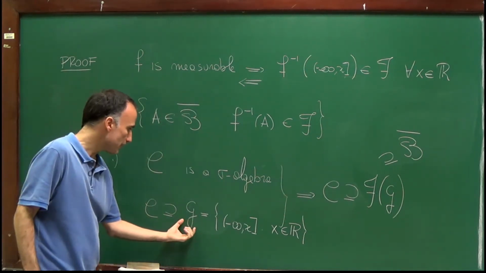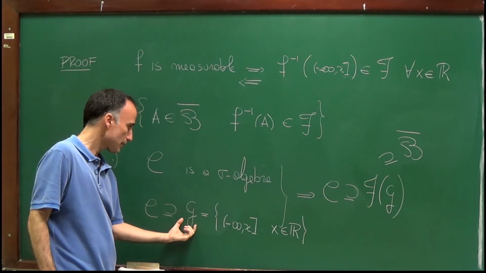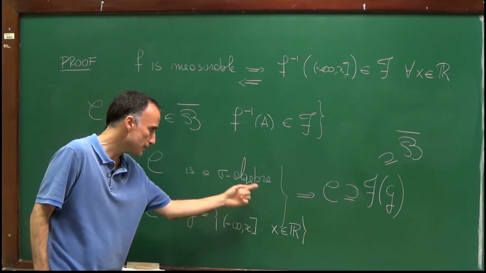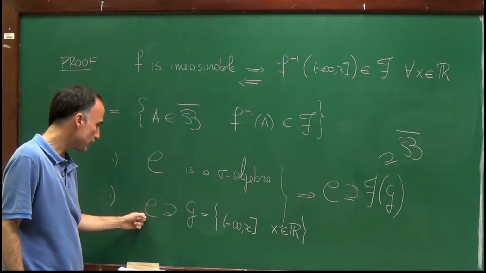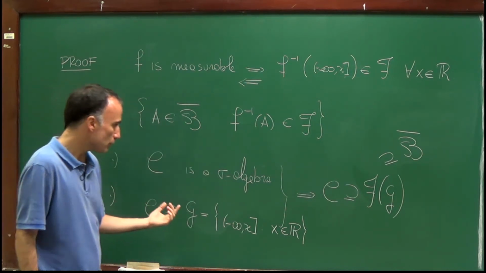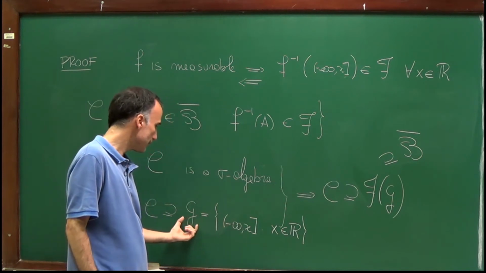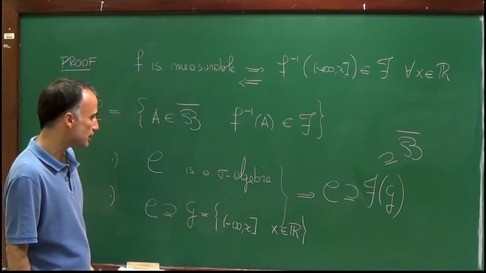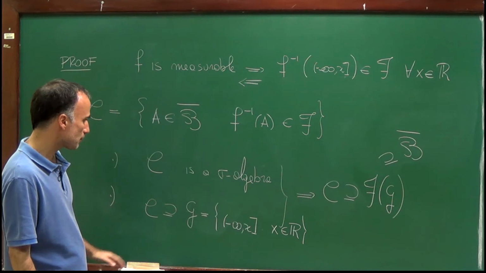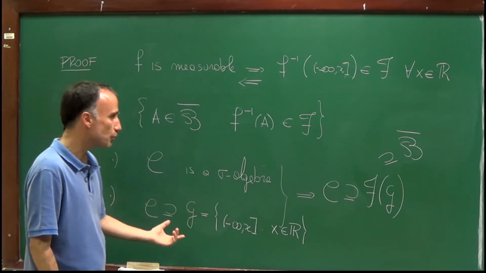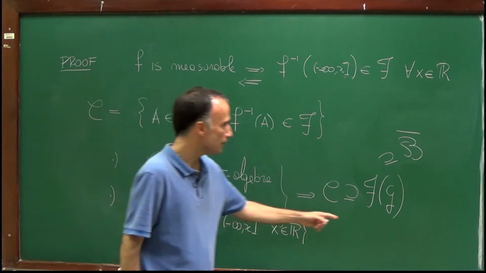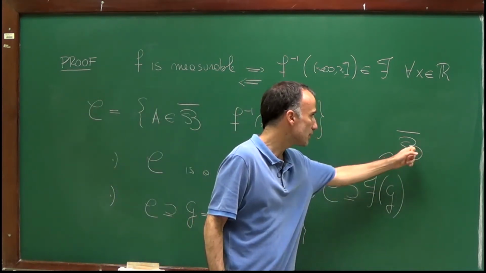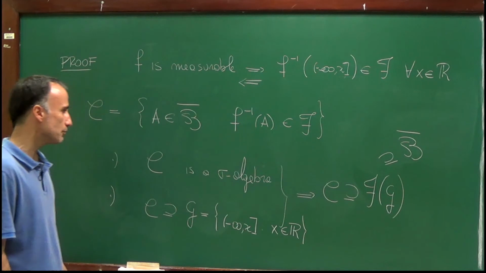We also know that these sets generate the extended Borel sigma algebra. So G has the two properties we wanted: first, it is contained in C, and then it generates the extended Borel sigma algebra.